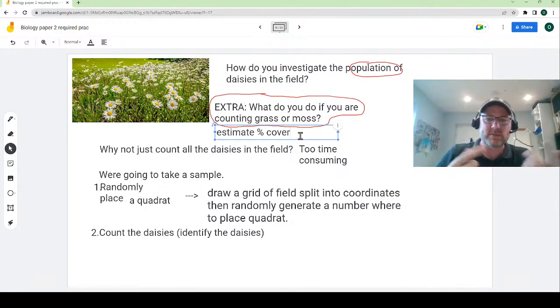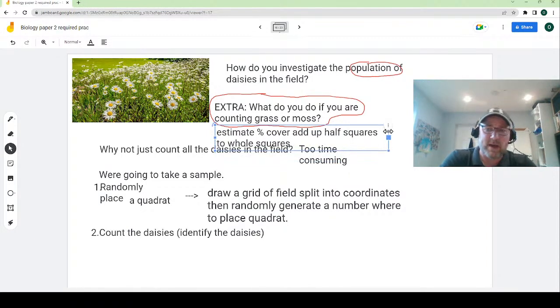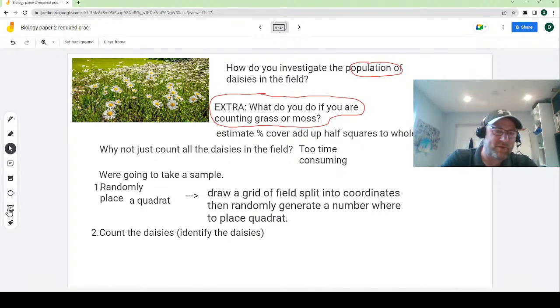You have to add them up. So estimate percentage cover, add up half squares. That's a really bad explanation, but basically combine two half squares to make a whole square when you do it. You could be asked that. It's come up before.